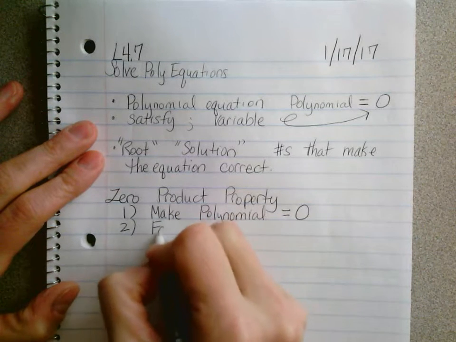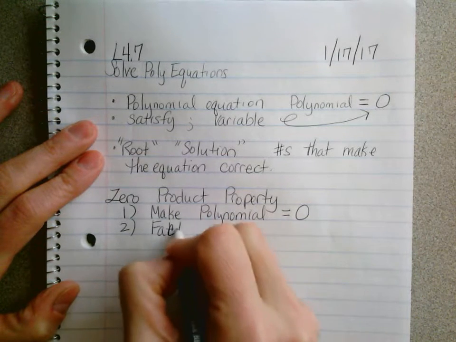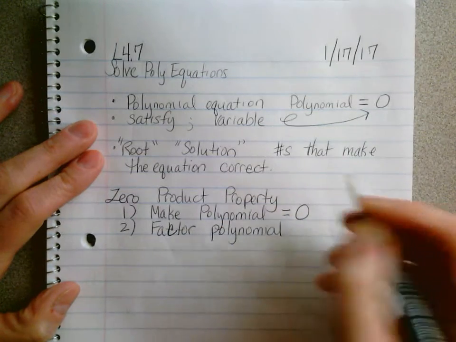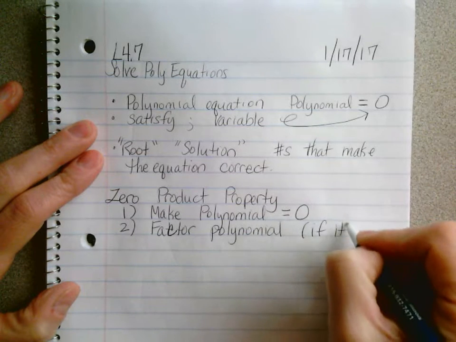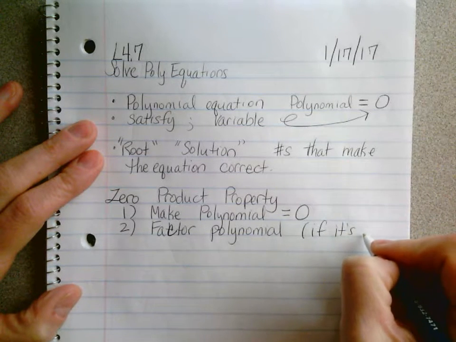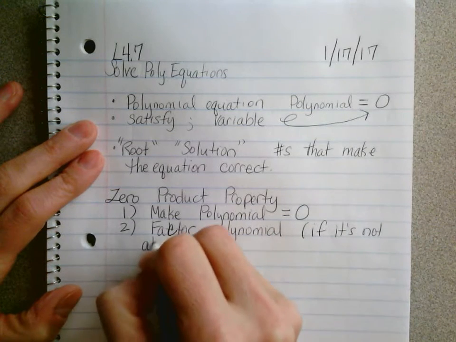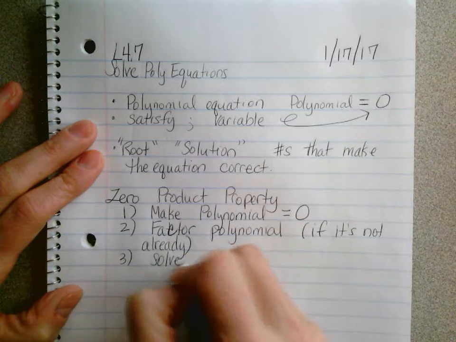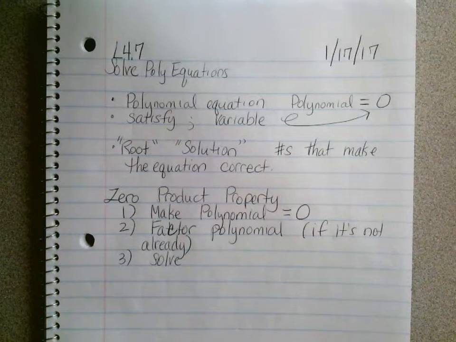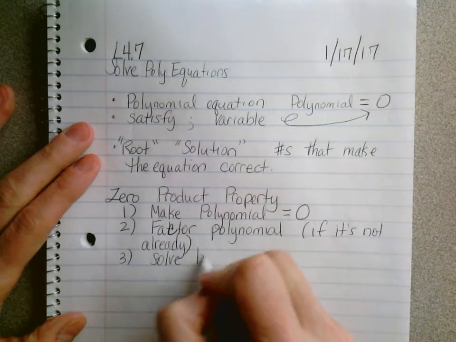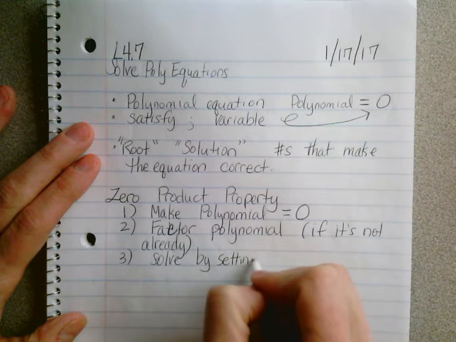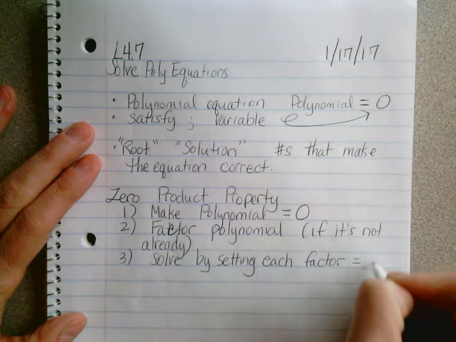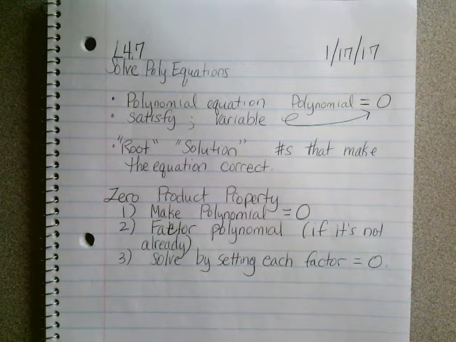Second, factor the polynomial if it's not already. And I'll show you what I mean. And solve by setting each factor equal to 0. This all sounds confusing, but it'll get clarified, I promise.